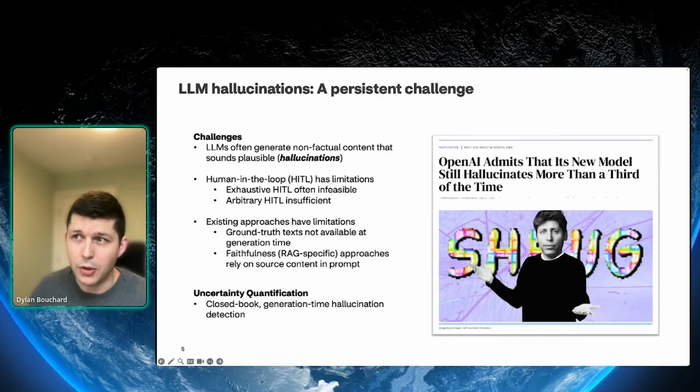On the other end of the spectrum, it could be as little as vibe checking a small sample of responses. This sort of arbitrary sampling-based human in the loop, where you're sampling a set of responses because you can't review them all and reviewing only that subset, is of course not going to be sufficient for hallucination management. So then it brings us to, what about computational methods for hallucination detection?